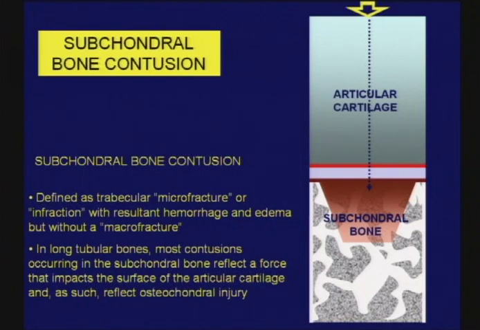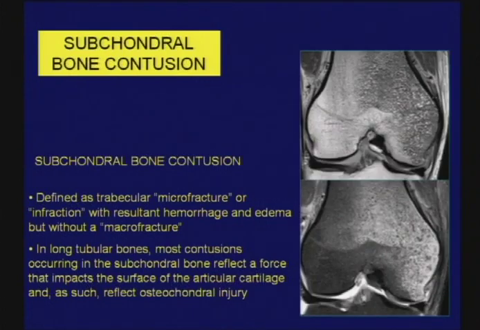I'm going to return to this point later in the course when we talk about bone contusions in a little more detail. But when you see something wrong in the subchondral bone following an injury, in a long tubular bone in particular, typically the force came through the articular cartilage, but it reached the subchondral bone and has produced a contusion.